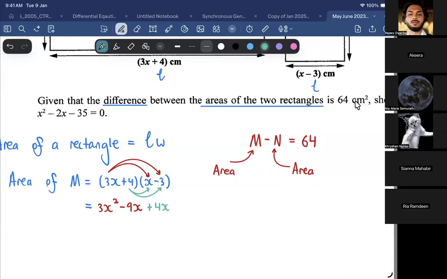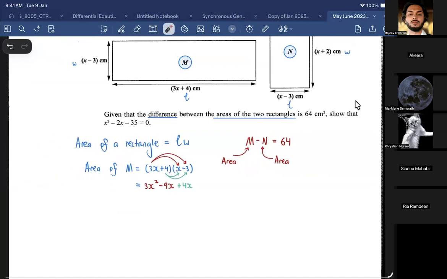Ria, what will the last term be? Tell me, Ria, what will the last term be? Sorry, I got lost. Okay. You understand the part about the area of a rectangle being length by width, right?